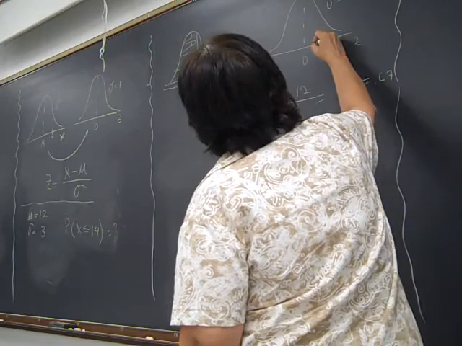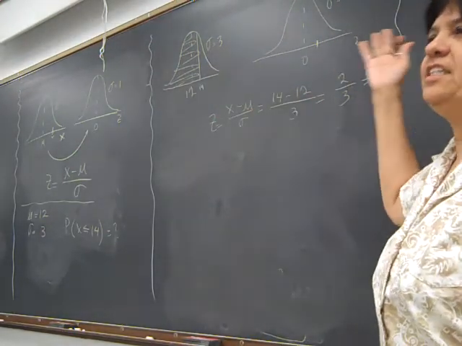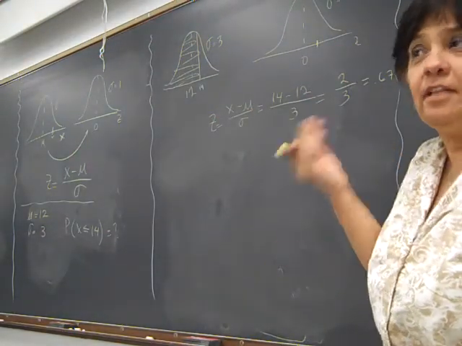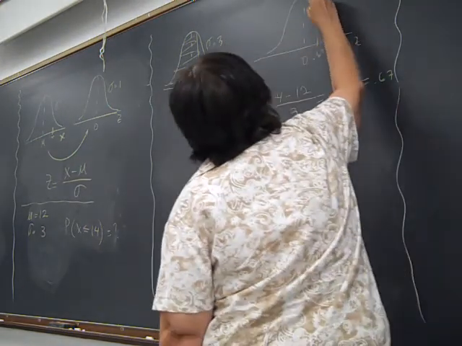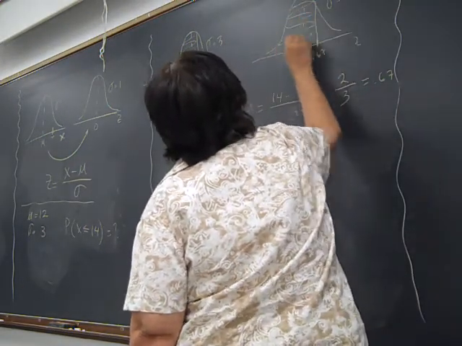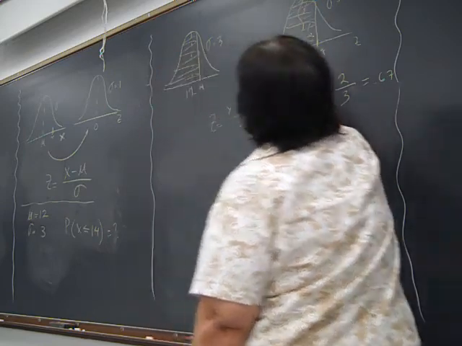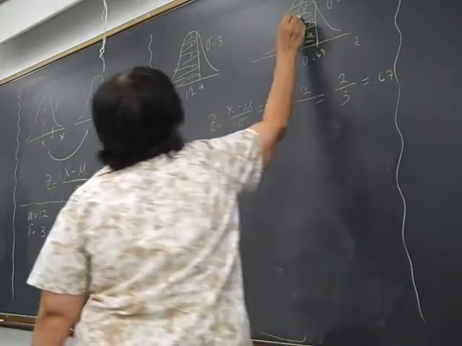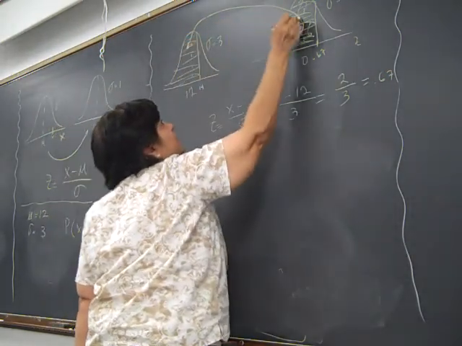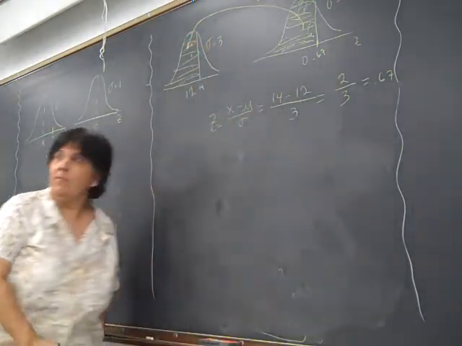So 0.67, of course, is positive, so it's on the right side of the standard normal distribution, as it should be. So this area over here is exactly this area over here. So these two areas are exactly the same.